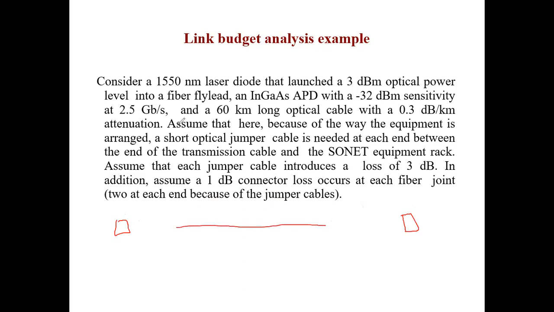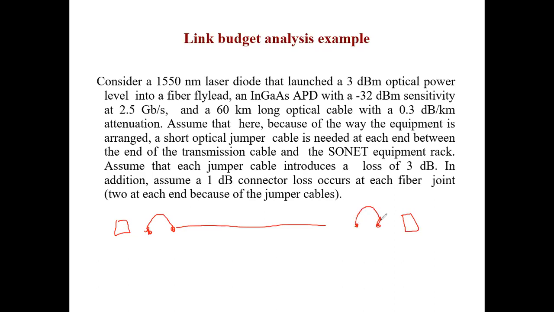Now here the sentence, assume that because of the way the equipment is arranged, a short jumper cable is needed at each end between the end of transmission cable and the SONET equipment. Each end पे ये है. So suppose I have यहाँ पे transmission cable है और this is my fiber. So there is a jumper cable that is present over here. Here also a jumper cable is present at each end, it is given.